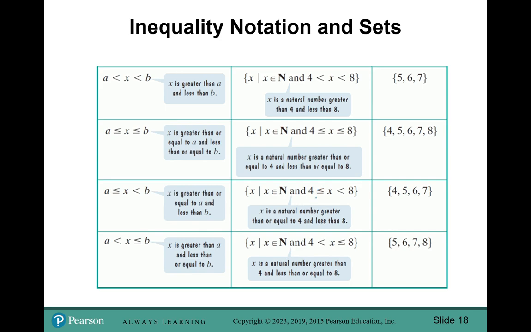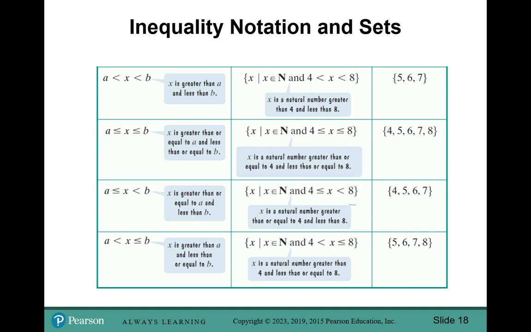So here we have one equality, so we know we can start with 4 because it is equal to there. I can work my way up 5, 6, 7, and stop there because it's less than 8 but not equal to.